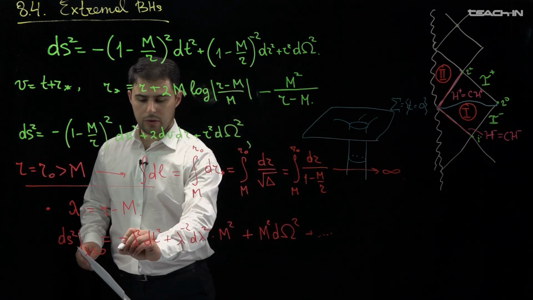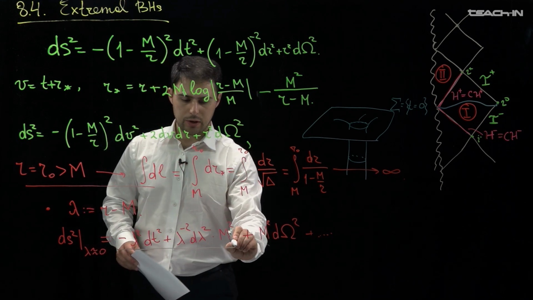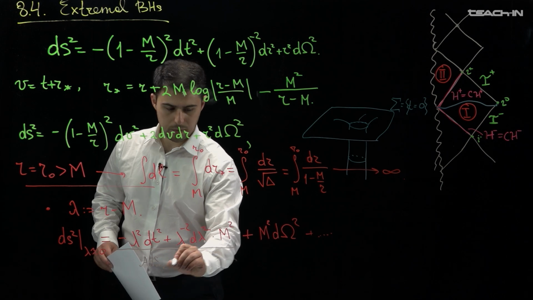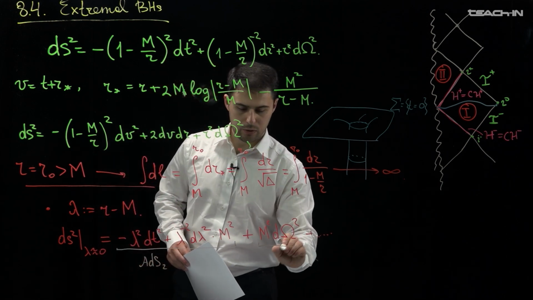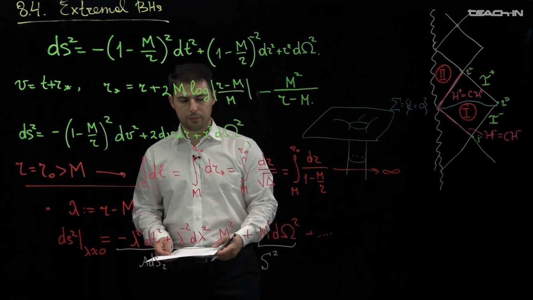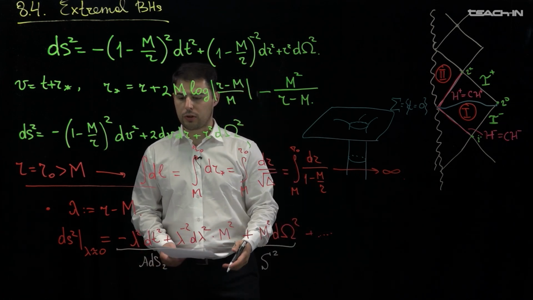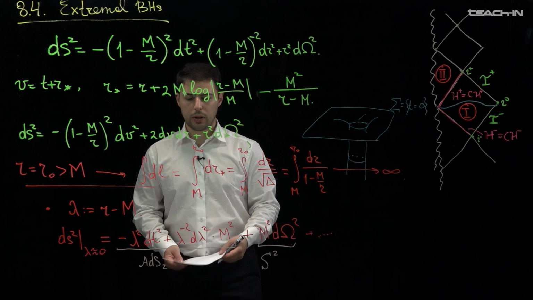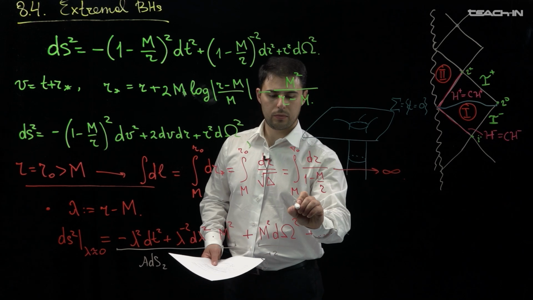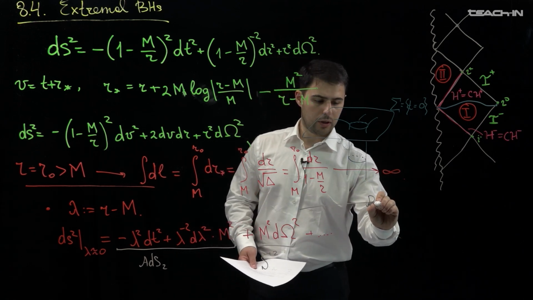We clearly see the AdS2 factor and the two-dimensional sphere. This geometry, the leading order of the expansion at zero, which is known as the Robinson-Bertotti geometry, is the direct product.